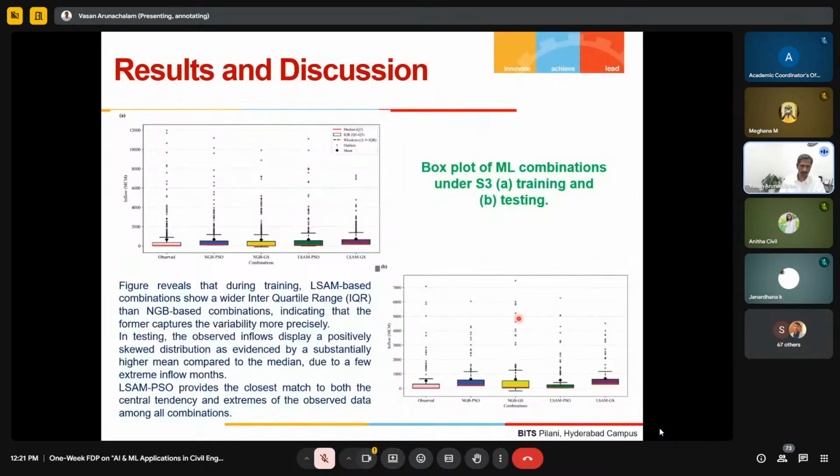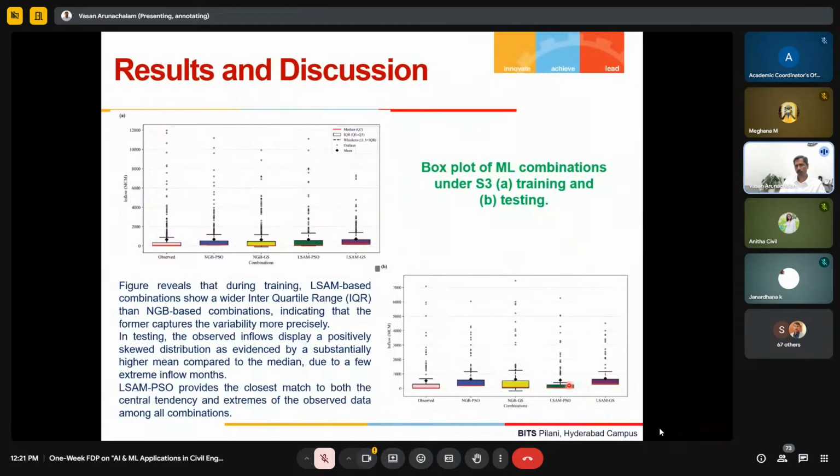And in the testing cases, the observed inflows are displaying a skewed observation across these particular things, because ultimately a larger importance is usually given to the testing phase, because training is known data, and this is unknown scenarios. So here, this LSAM PSO provides the closest match to both the central tendencies and the extremes.